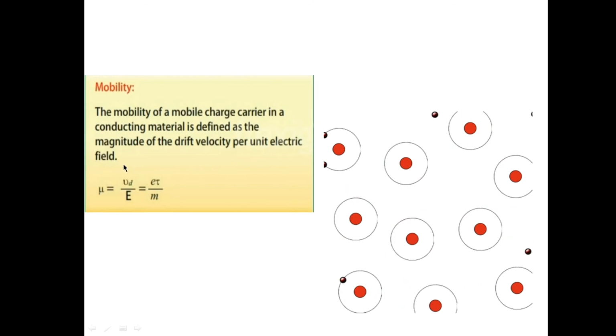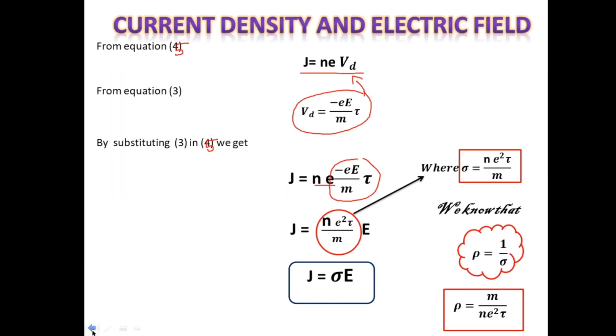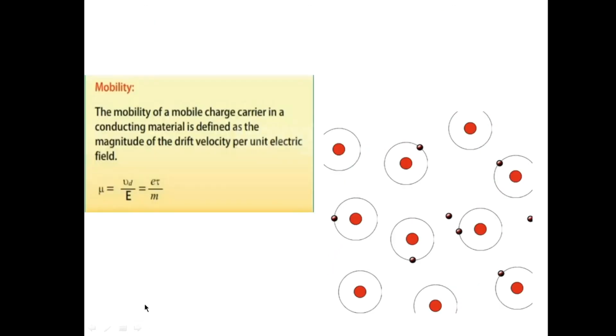That is how well the electrons drift when the electric field is supplied to them: Vd over E. We know the value of the E already; we have seen it in this slide. What is the value of the Vd? Minus E over m into tau. If we substitute it here and simplify, we get the term E tau over m.